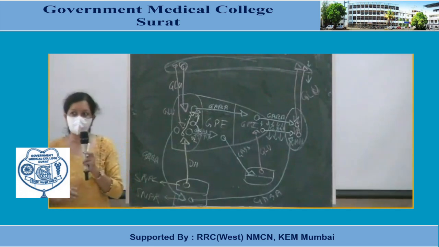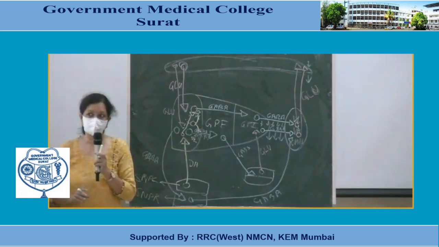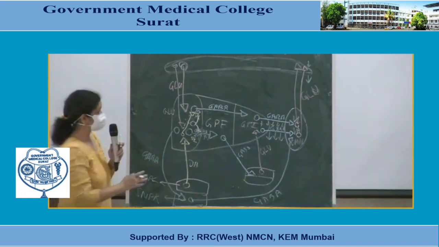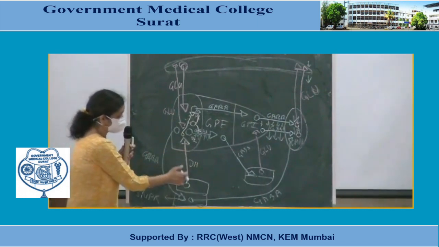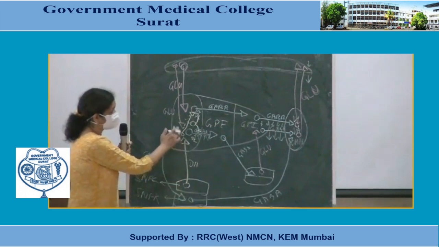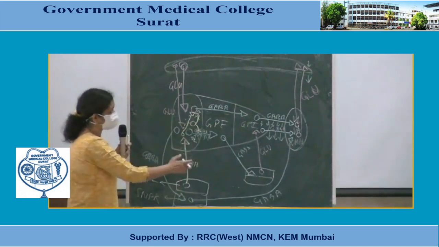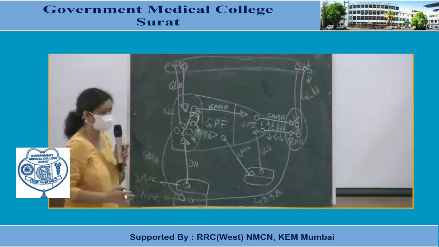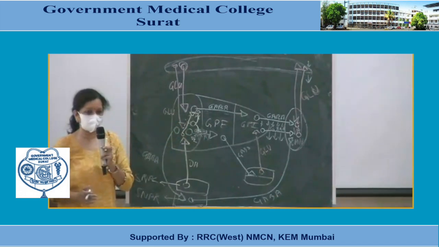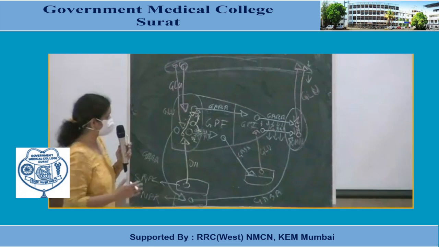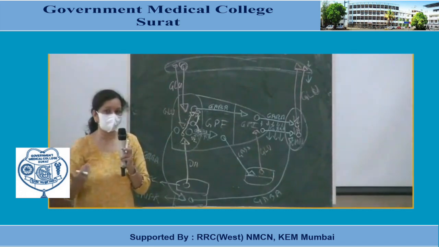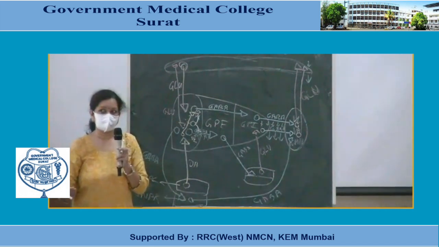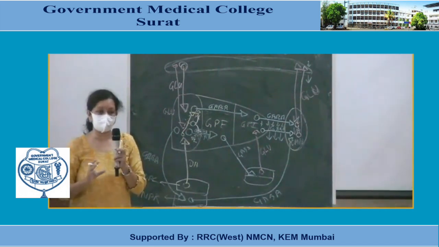In the next class, we will discuss the details of the functions and the disorders of the basal ganglia. What will happen if there is any abnormality in the nigrostriatal pathway, direct pathway, indirect pathway, or in acetylcholine secretion, how these neurotransmitters affect the functioning of the basal ganglia, and how the disorders are produced.